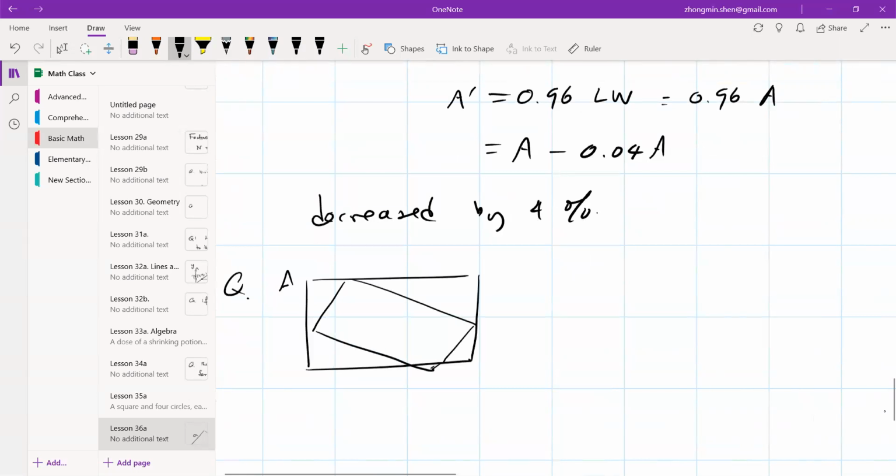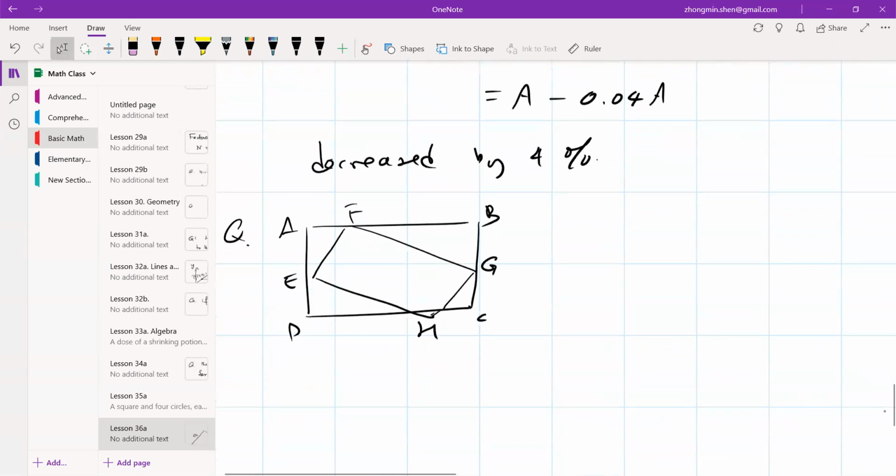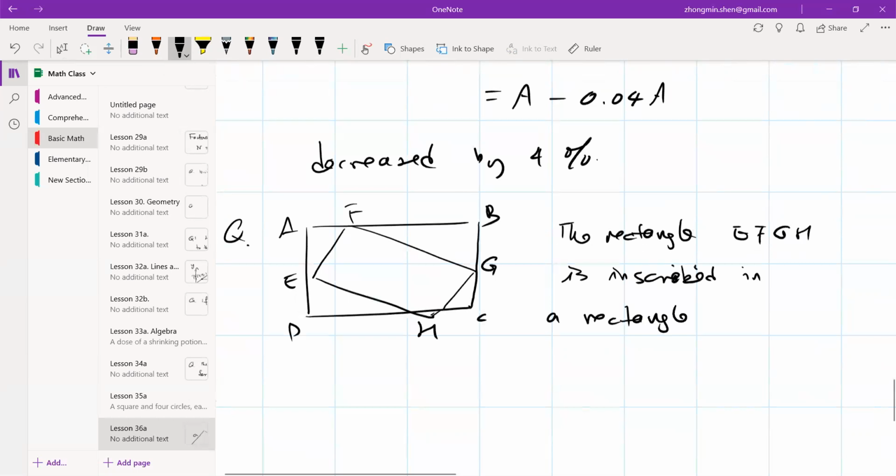A, B, C, D, E, F, G, H. Rectangle EFGH is inscribed in rectangle ABCD, okay?